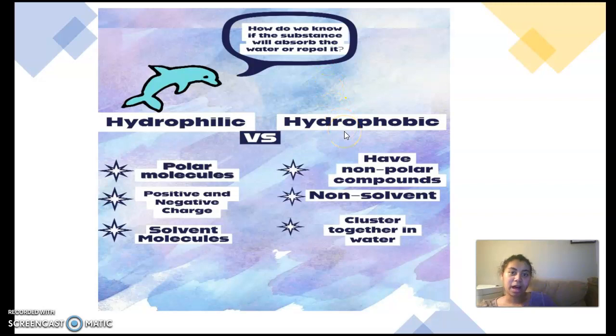Now, let's talk about how do we know if the substance will absorb the water or repel it? Well, in order for it to be hydrophilic, it has to have polar molecules, a positive and negative charge, and solvent molecules. So the key term is solvency. If it doesn't have any polar properties or molecules, it won't dissolve.